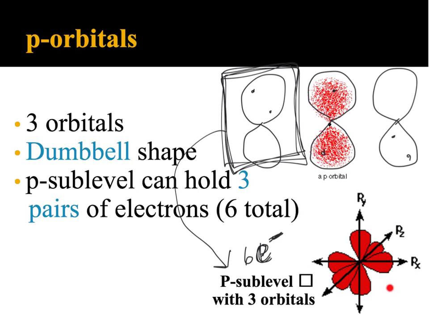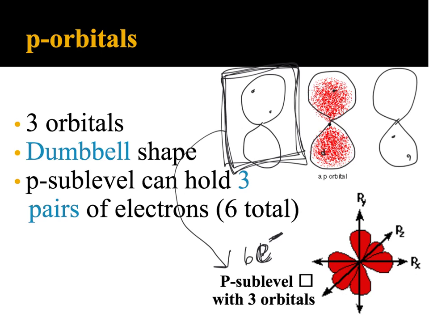And when we superimpose them on top of each other like this, the entire thing together is called the p sublevel. And it consists of a p sub x orbital, a p sub y orbital, and a p sub z orbital. So it's a 3D region of space where we can find all 6 of those electrons.